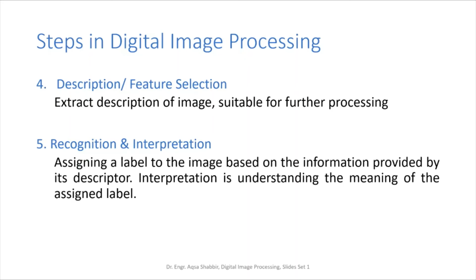Based on these attributes, a decision is made that, let's say, that face has a happy expression. And then, of course, once we have recognized what we wanted to recognize, we further interpret it for understanding the better meaning, or whatever the demand of our application is.